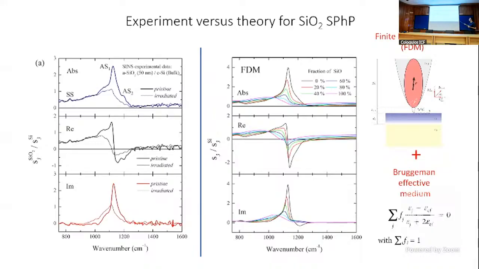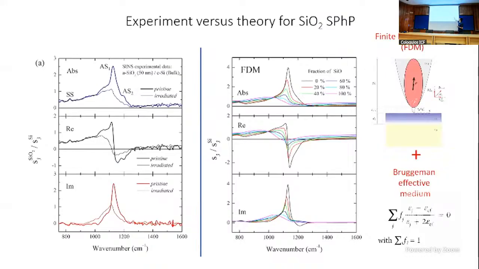And then what we did here is use an effective medium theory to combine the epsilon from silicon oxide and SiO, with different percentages here. And we see that the general trend is what we observe here when we irradiate the material.